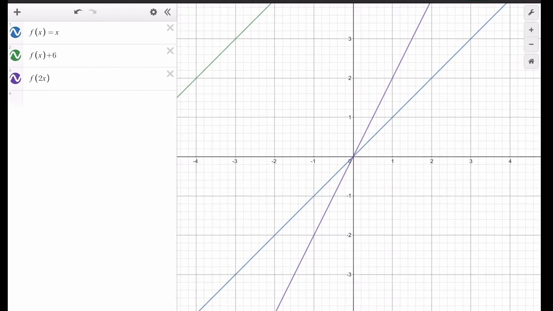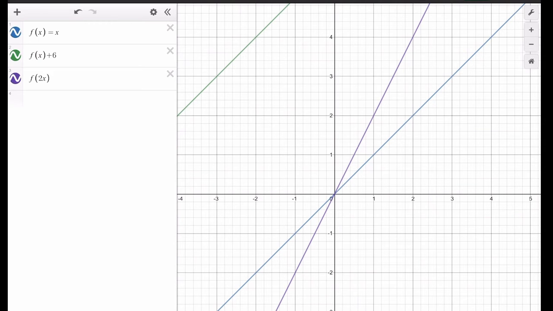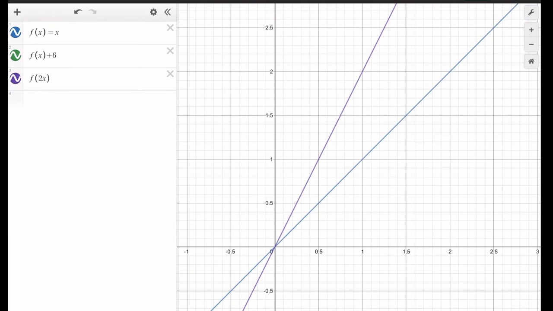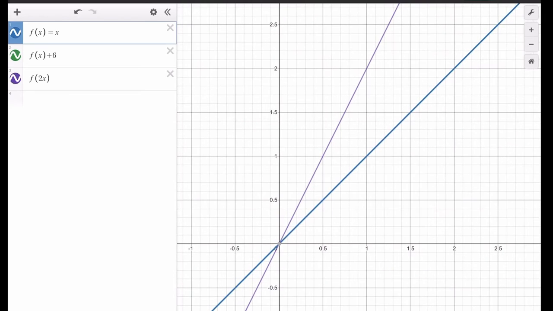It's going through the origin. And if we look over here at our spots, when I plug in 1 for the blue graph, you get 1. Or you can see that whatever you plug in for x, you're going to get the same thing for y.